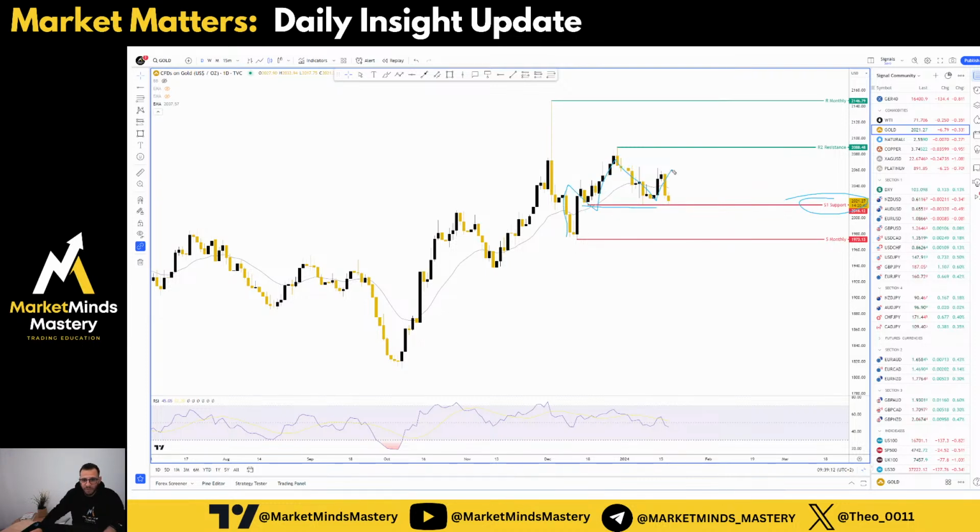So from the head and shoulders perspective, that's not a head and shoulders. But if the price breaks below and closes below this S1 support, we're going to treat it as a bearish bias and we're going to trade it accordingly.